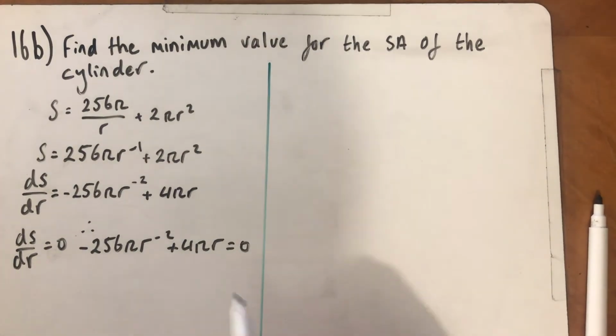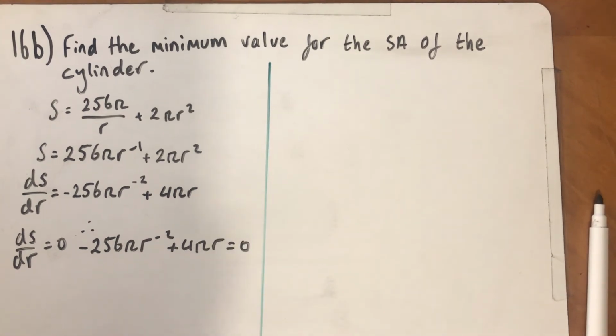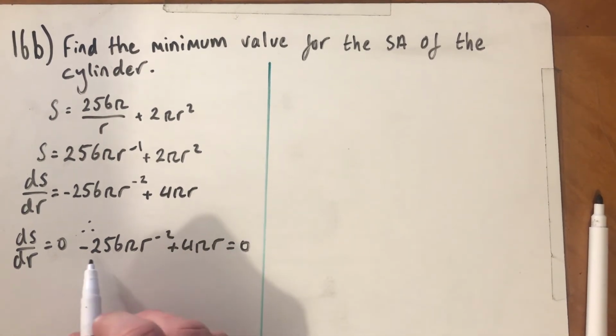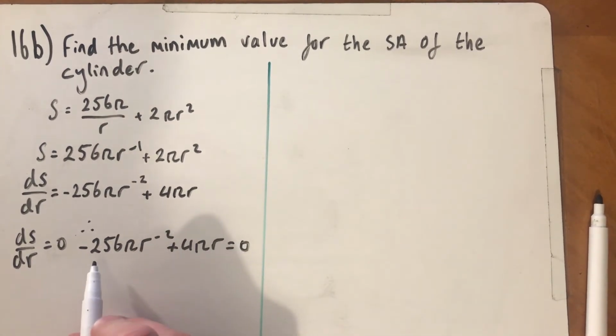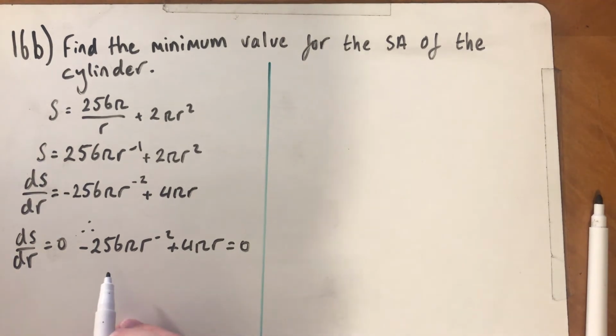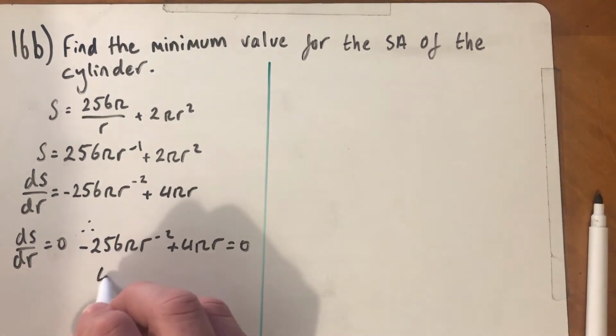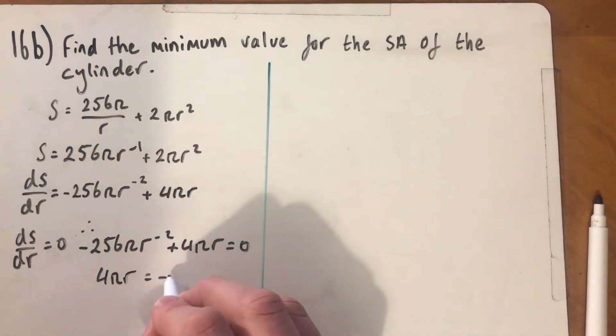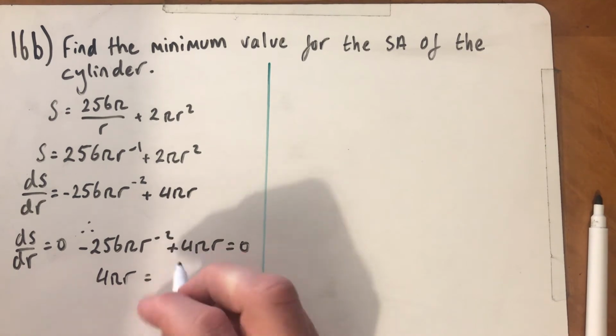What we need to do now is simply rearrange to find r. I'd recommend you move this term, so plus 256 pi r to the minus 2 on both sides.